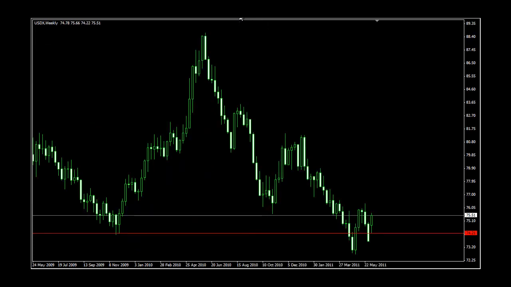Now if you've been monitoring my analysis concepts and techniques over the past few months, we should clearly see a pattern that is presently unfolding on the weekly chart. At this key support line, price has traded down, bounced, pulled back.